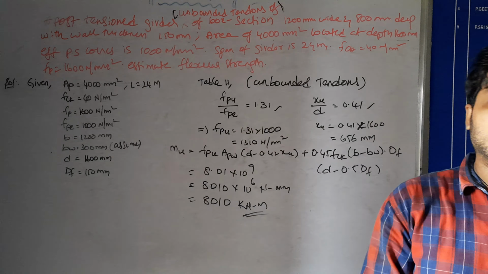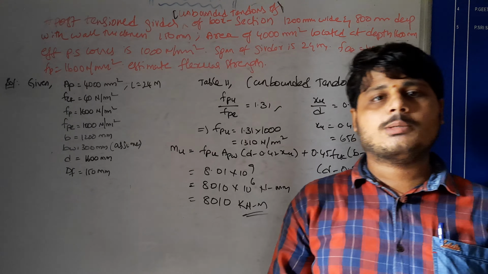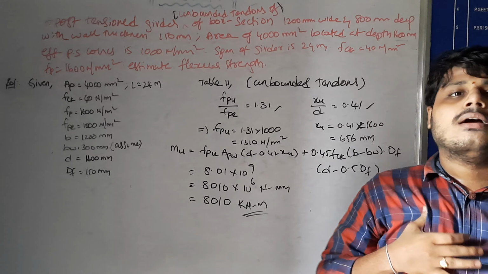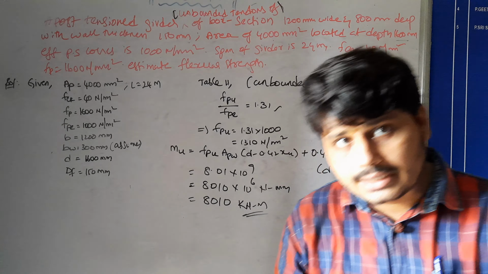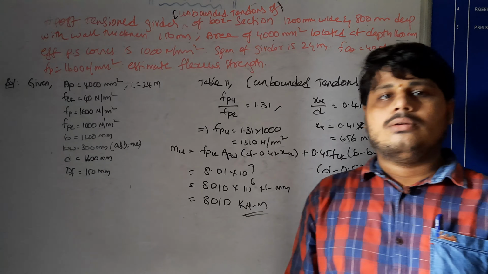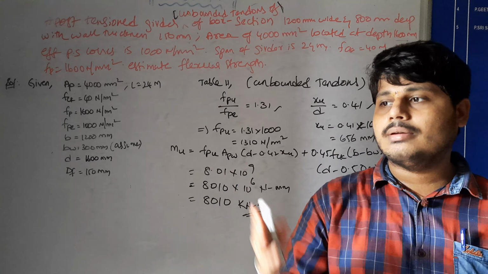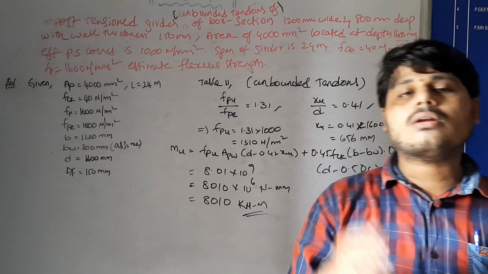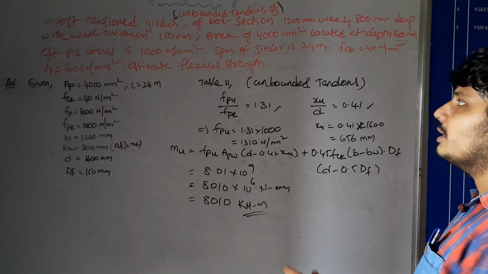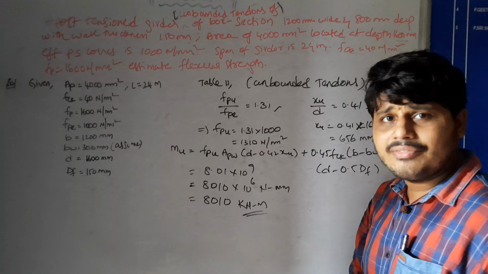They can ask problems or theoretical questions such as explain various failures for flexural strain or define the strain compatibility method. The strain compatibility method is nothing but estimating flexural strength by compatibility of strain. These are the important theoretical questions, and the problems you can solve from different formulas.